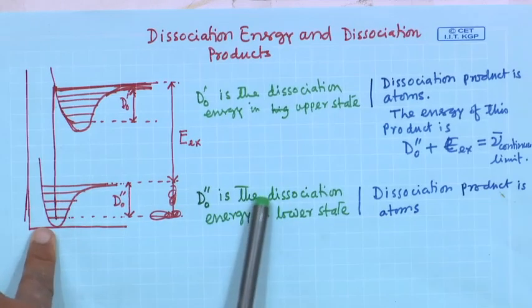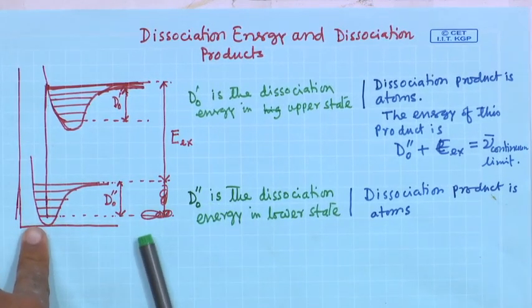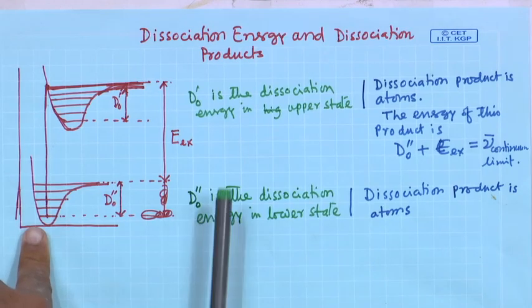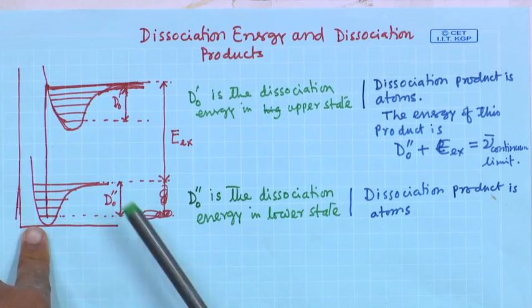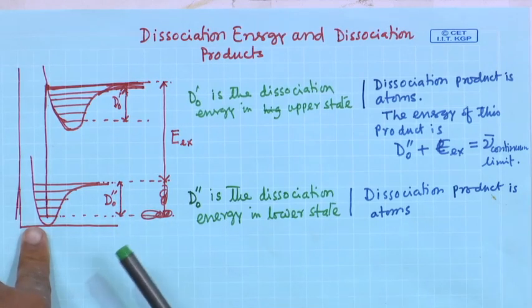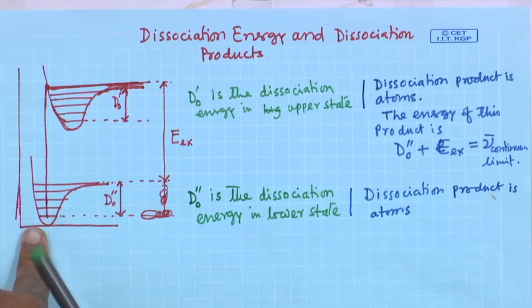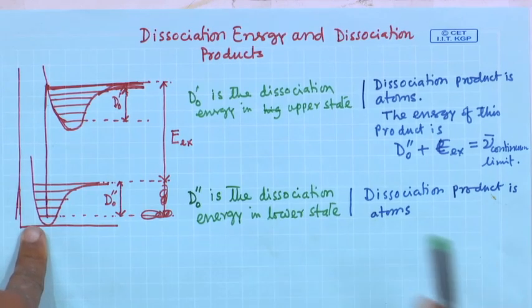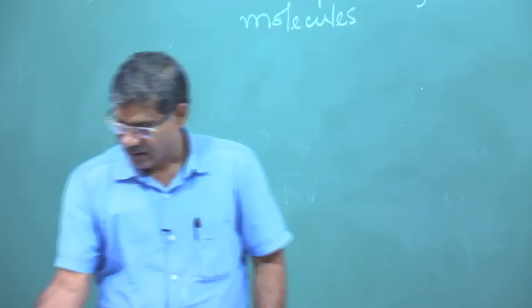I will discuss how spectroscopy is used to determine the dissociation energy of molecules, as well as other parameters like the anharmonicity constant and omega E bar, the natural frequency of the oscillator. That we will see.